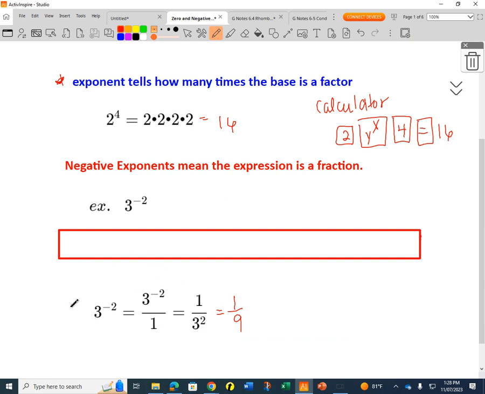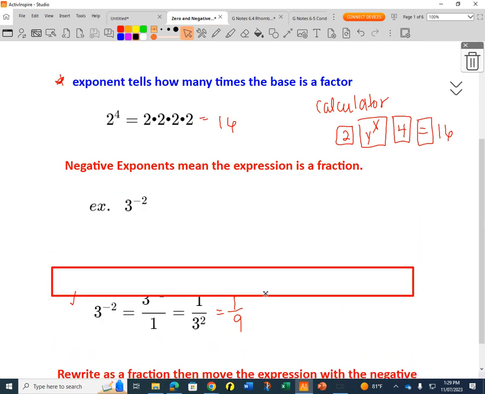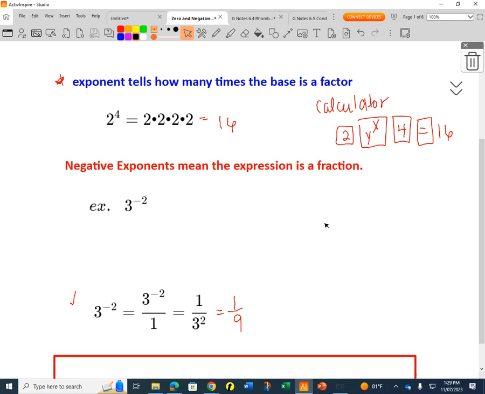So let's go ahead and do this and then I'll uncover that so you can write that. So we're going to do the example first and then kind of explain what we did after. So 3 to the negative second power is actually 1/9.